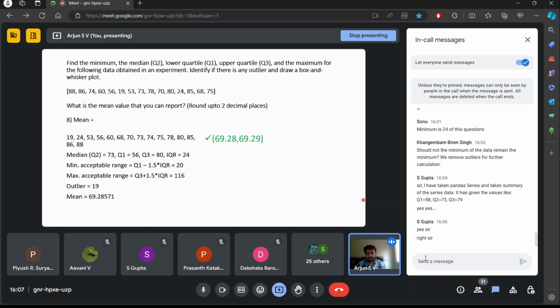I think this point was discussed in the lectures as well. The median of an odd number of values is the middlemost value. If 15 values are there, you take the 8th value, which is the middlemost. If 14 values are there, 7 and 8 are the middle values, so you take the 7th value plus the 8th value divided by 2. That will be your median.